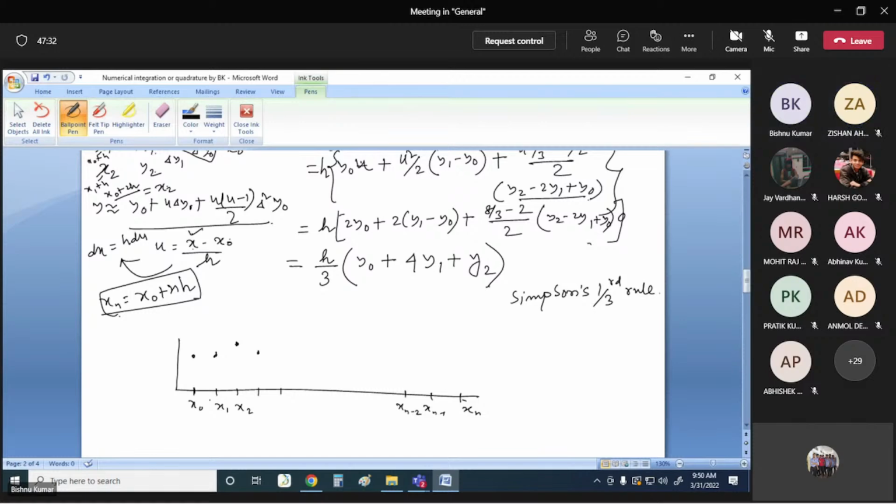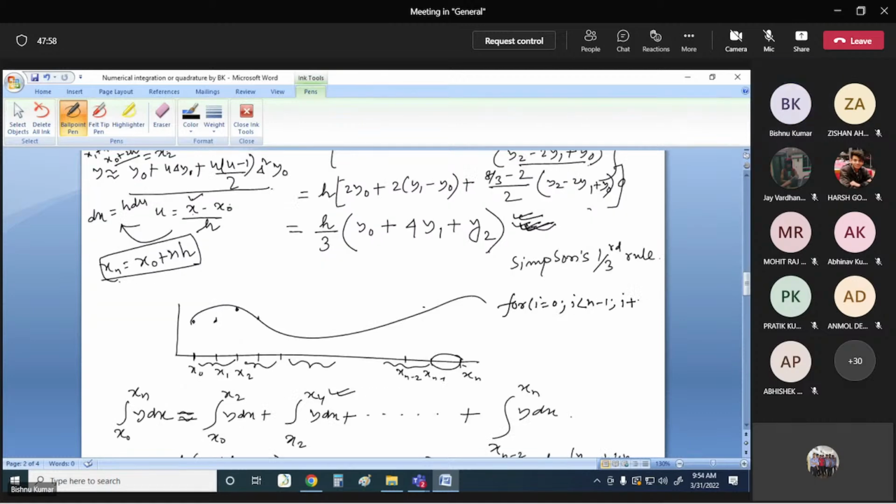Actually, that work within the loop you will do with these things, and the loop will continue step by step. Put the increment as 2. Suppose for i equals 0, i less than n minus 1, I write i plus 2, since 2 intervals is the increment.